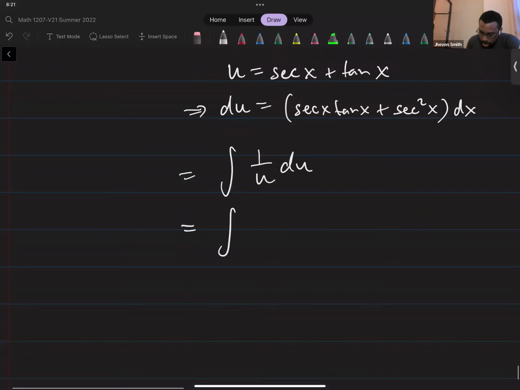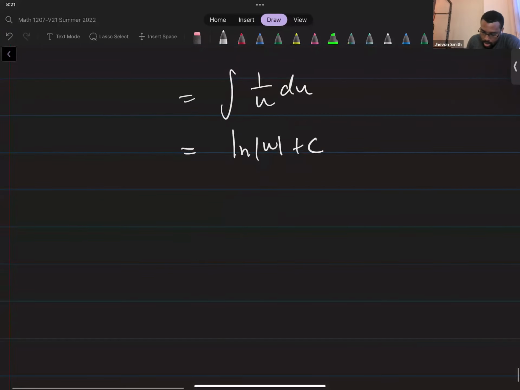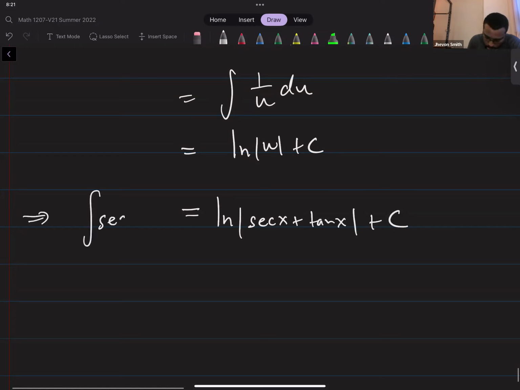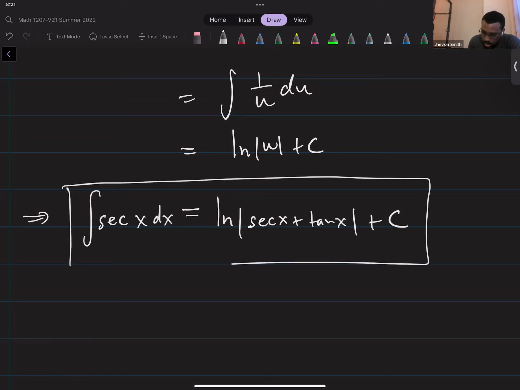And that is ln of absolute value u. So that gives you ln of secant x plus tangent x. That is in fact a basic rule.